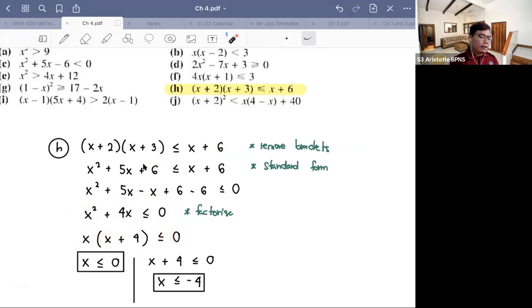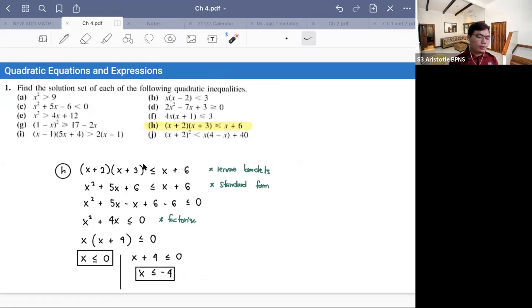Okay, and then what's next? Just like what we did on letter B, x is less than or equal to 0. So your first is 0. And then x plus 4 is less than or equal to 0. So the solution set here is from 0 to negative 4, or negative 4 to 0. Okay, so that's it for letter H.